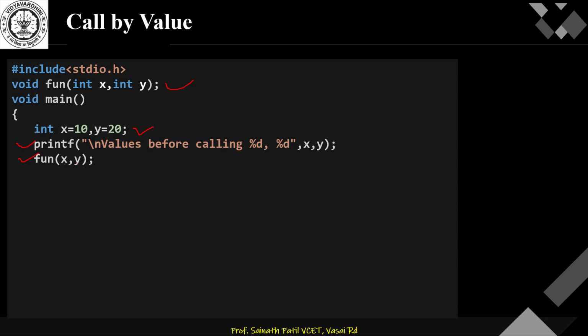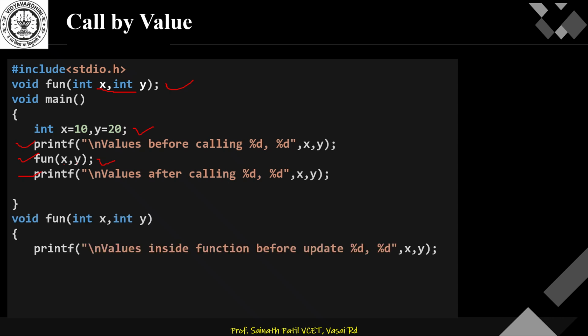Now this x and y act as actual parameters whose copy will be passed to the function, and the function has its own x and y, they act as formal parameters. Then I'm using a printf statement to print the values of x and y after calling.